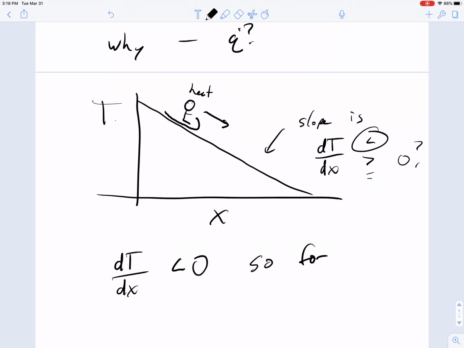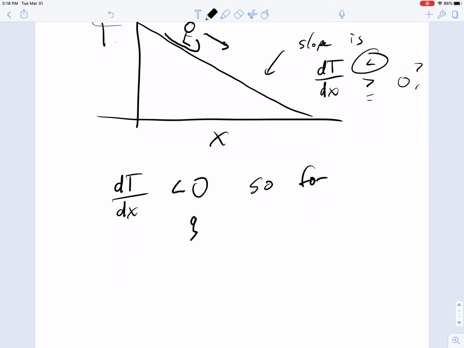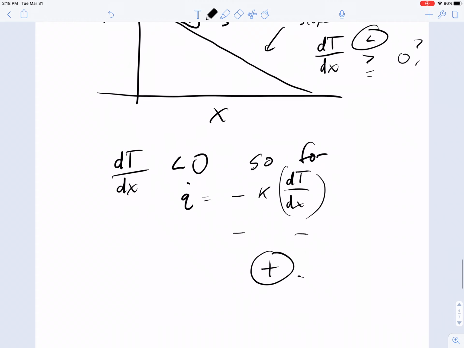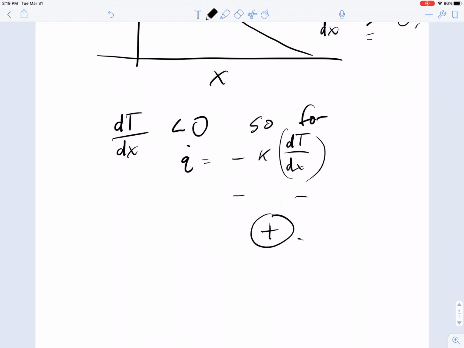So for Q, not G, Q, to flow downhill, it has to be equal to minus some K times dT/dx, because a minus times a minus is a positive. And that's how we define heat flux going down the hill. That is the end of this small snippet of the introduction of Fourier's law.